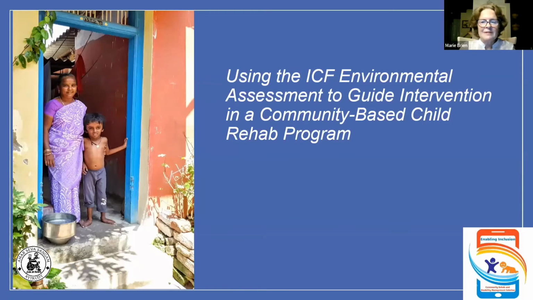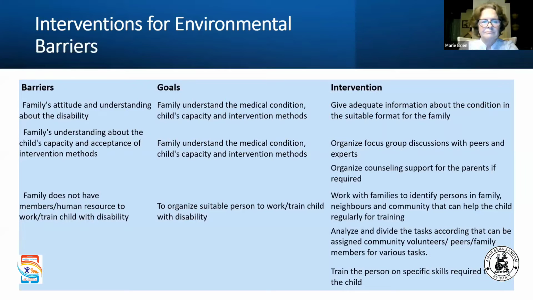So how do we use the information that we get from our environmental assessment to guide the intervention in our community-based program? If we look at the answers that we got from our environmental assessment, we identify various barriers that are present, either barriers within the family and home or barriers within the school.